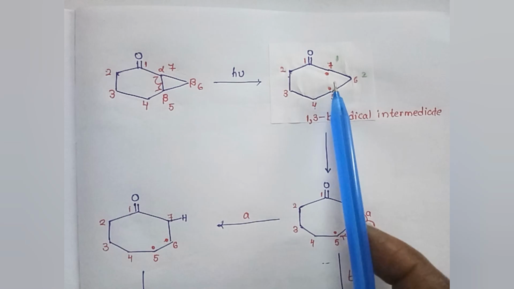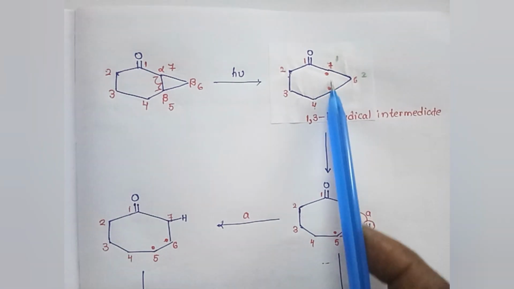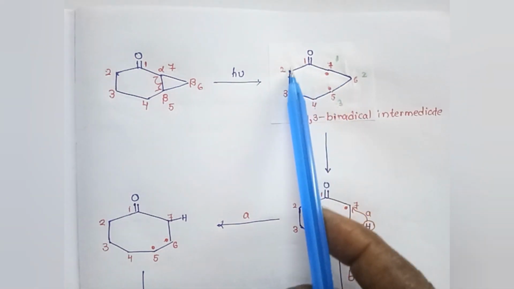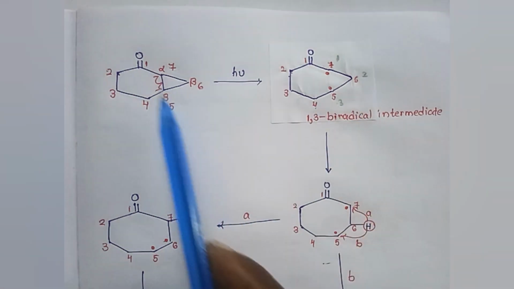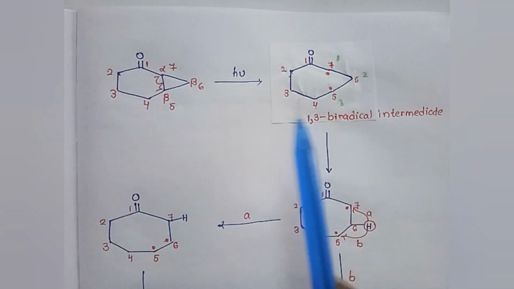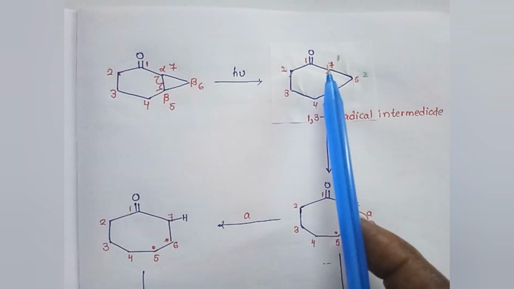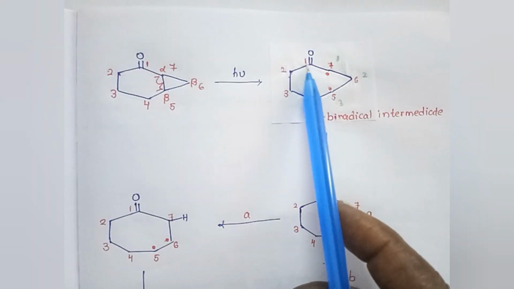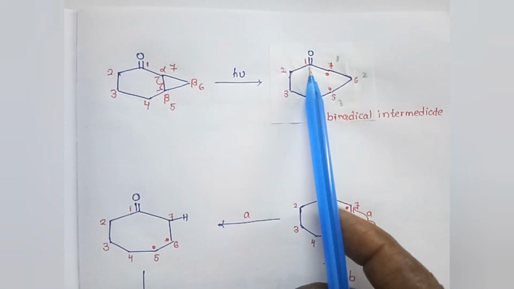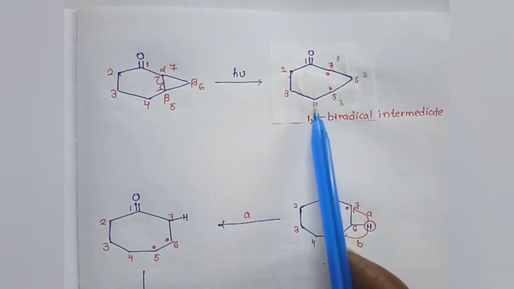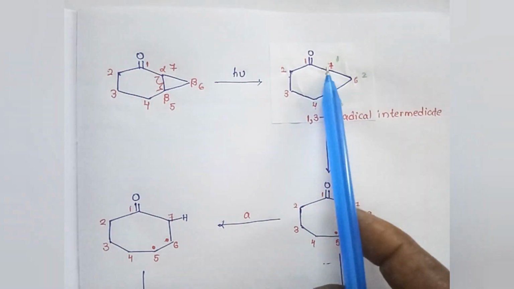As a result of which, this bond is cleaved. So we get ring expansion. So we number the carbon atoms in order not to confuse. So this is first carbon atom, 2, 3, 4, 5, 6, 7.